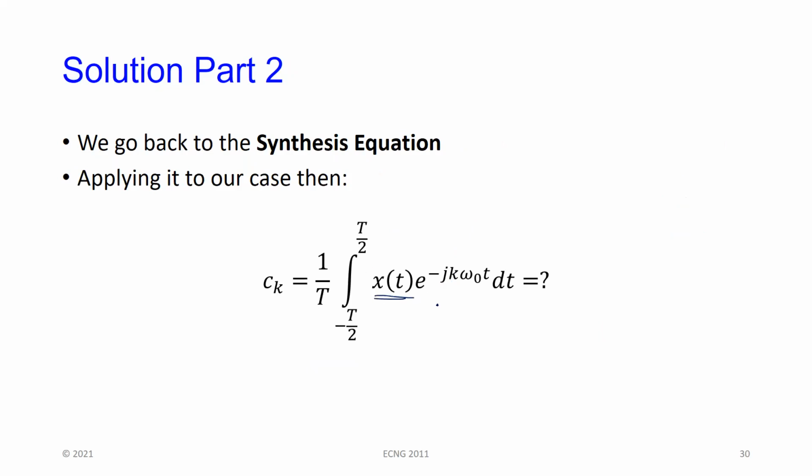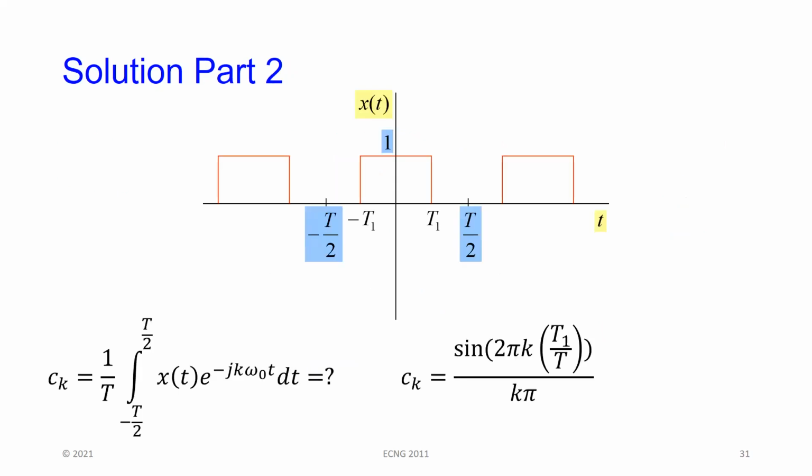We know this is 1, so we're going to have to integrate e to the minus jk omega 0 t between minus T over 2 and T over 2. In this case, of course, the actual value of x(t) goes between minus t1 and t1. And if you do that very carefully, right? And we'll leave that. This is part of one of the later problem sets that you will have.